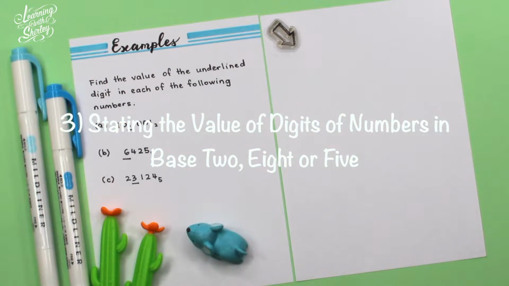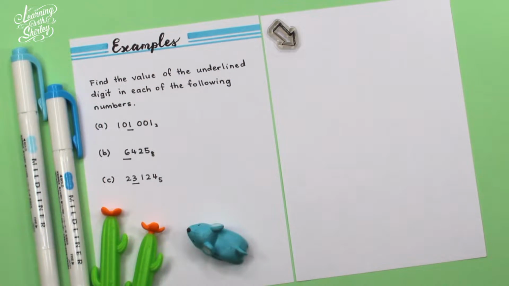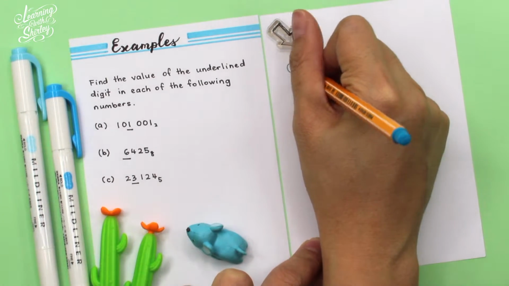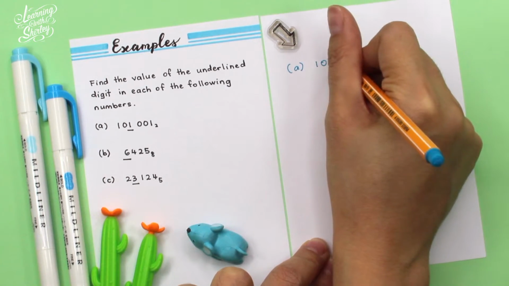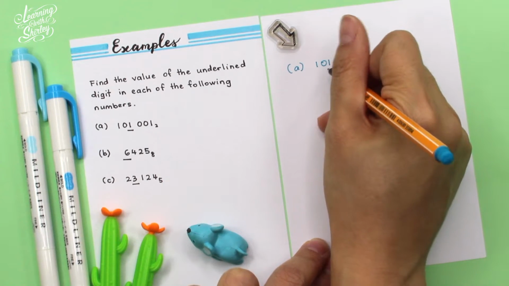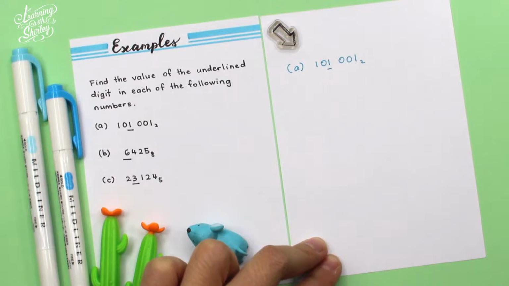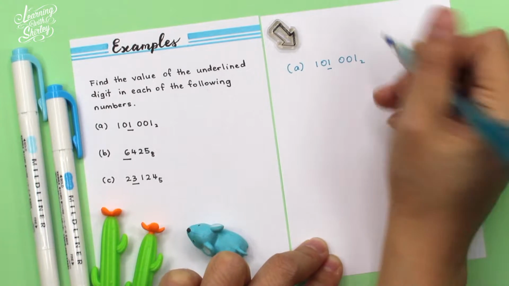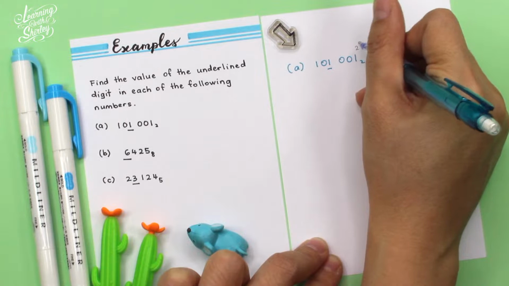Okay, let's look at this example. Find the value of the underlined digit in each of the following numbers. Let's do A. A will be 101001 base 2, and the underlined digit is this digit 1. Before we solve this, we have to write down on top with pencil 2 power 0. Why is it 2?